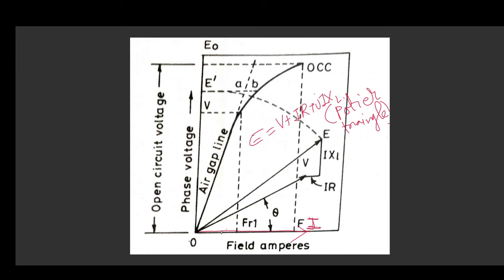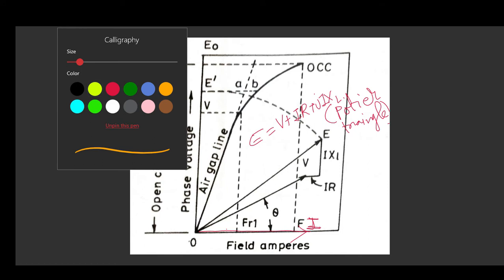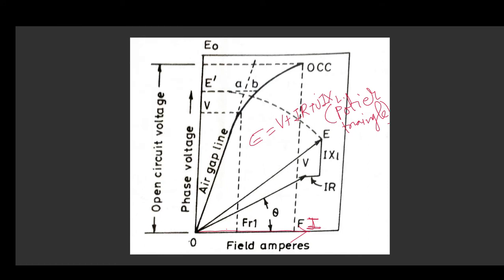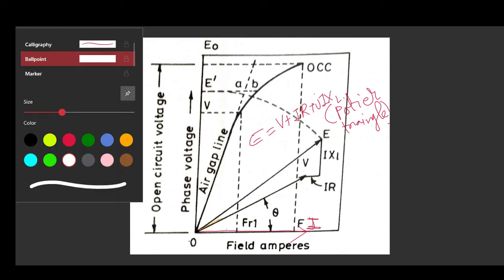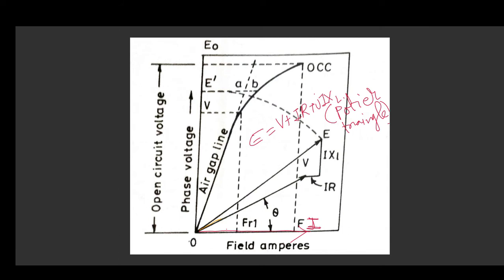Basically how I have constructed this, like you know V and you know theta. So this OV, when I construct this one, this line actually I have taken from a book, because otherwise it will be a bit difficult for me to draw. So first, this is the field ampere, and the horizontal scale is for ampere.